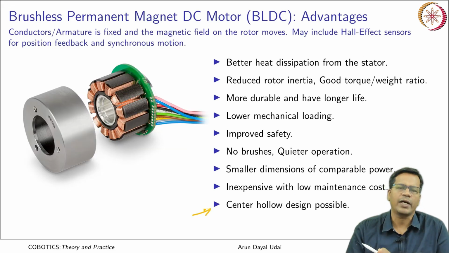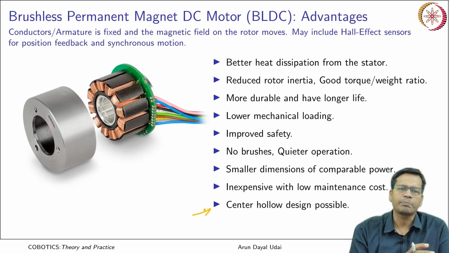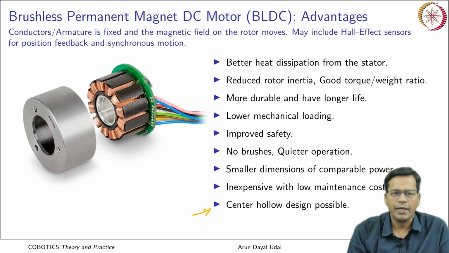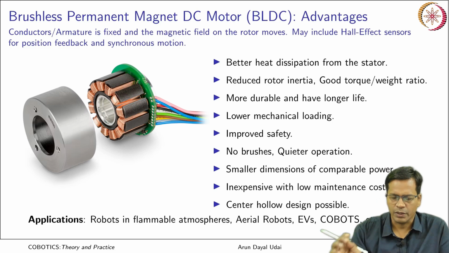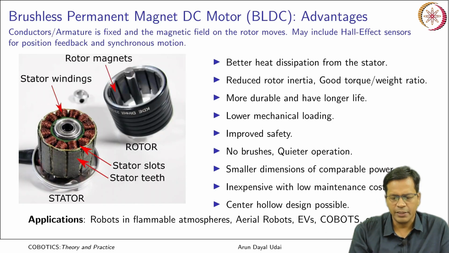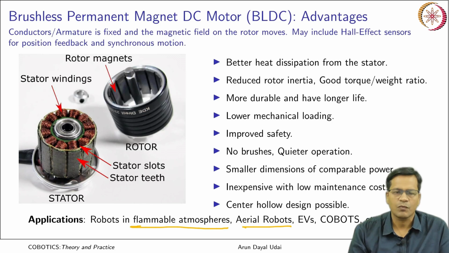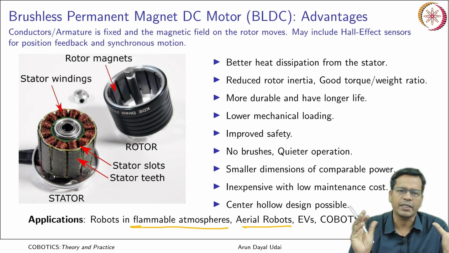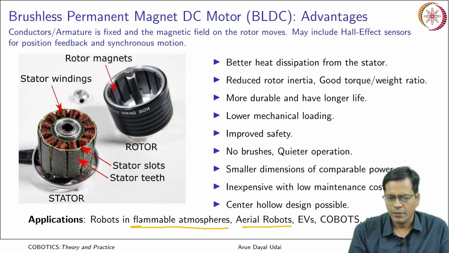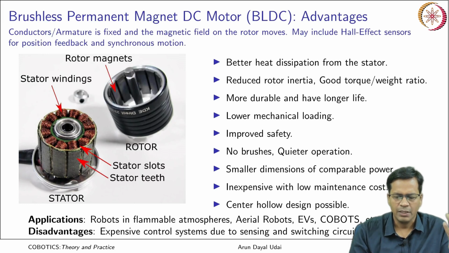This is very much required for a cobot. A cobot needs all the wires to be passed from within the robot, that needs a center hollow shape, and that is very easily possible with these kinds of motors. Applications are many: robots in inflammable atmosphere, aerial robots which need very high speed to be generated quite quickly, electric vehicles, cobots.